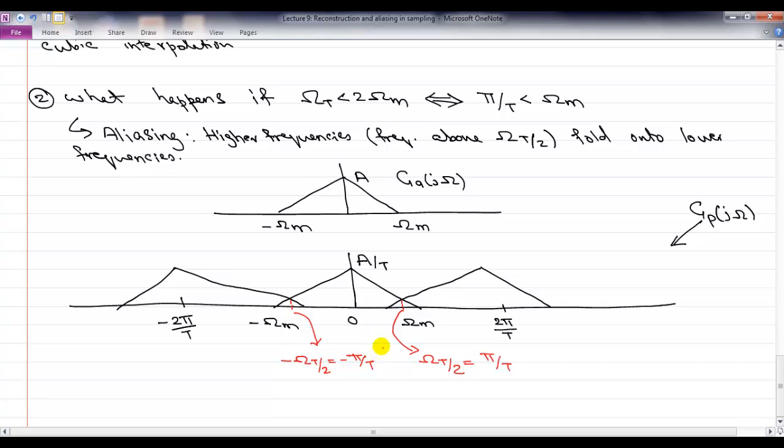Okay. So now we also know how to do reconstruction, right? What does our reconstruction entail? In reconstruction, we always low pass filter from minus omega t by 2 to omega t by 2. So first of all, let's just add all of these copies up. When I add these copies, I get it like this.